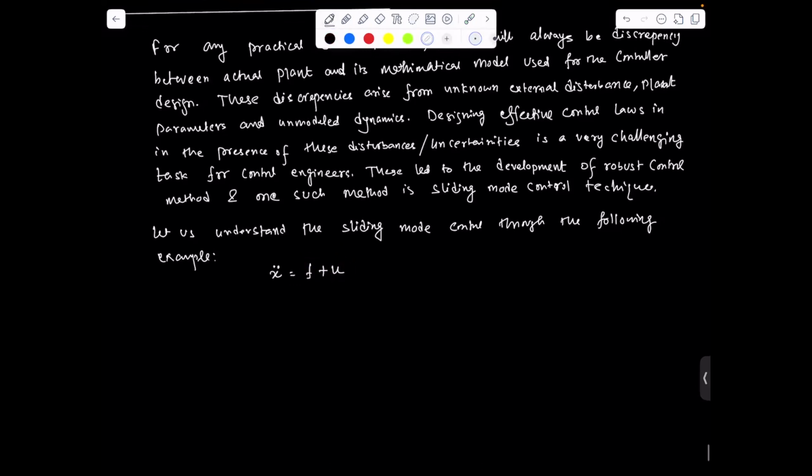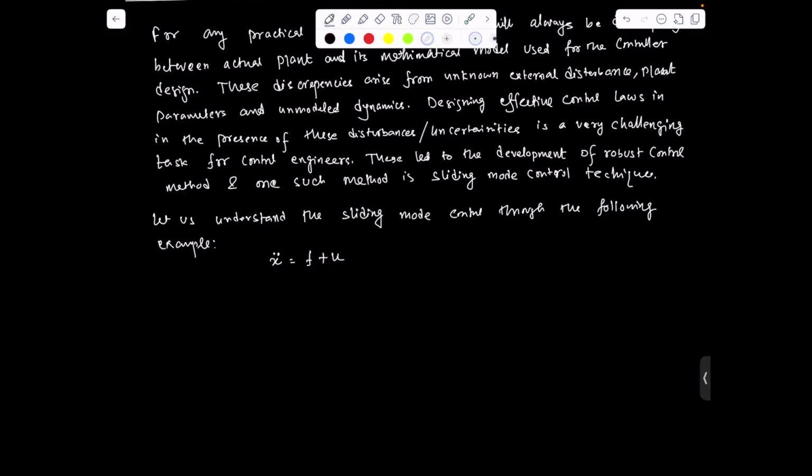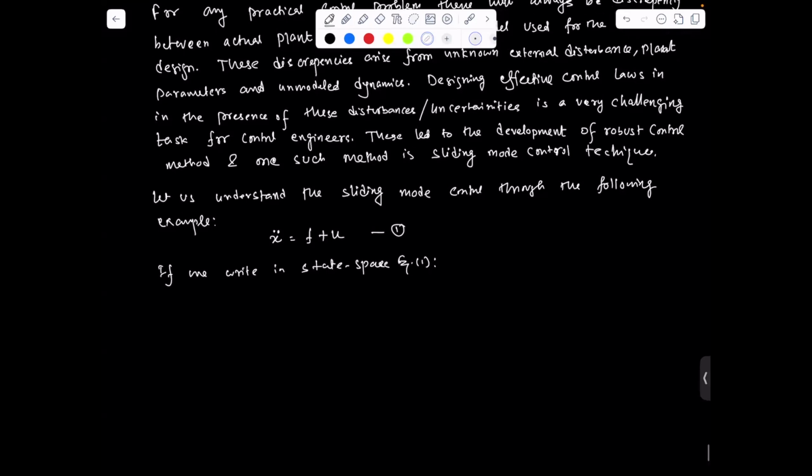So now we can write in state space. Let us define this as equation number one. If we write in state space equation one, we have x1 dot equal to x2 and x2 dot equal to f plus u.